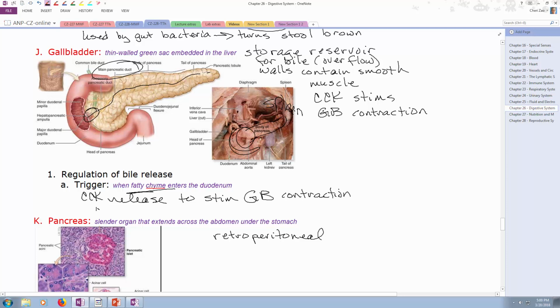And also CCK release stimulates pancreatic juice release. And so when we say juice, we mean there's many different things in this liquid.